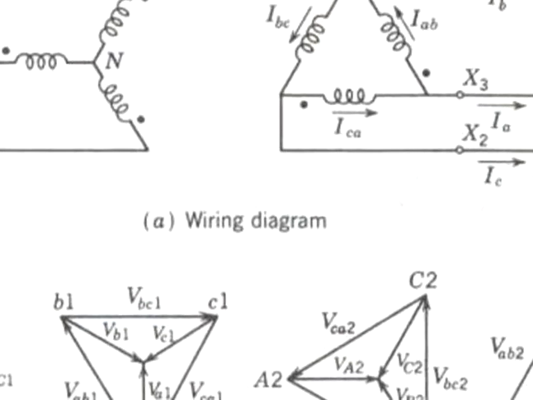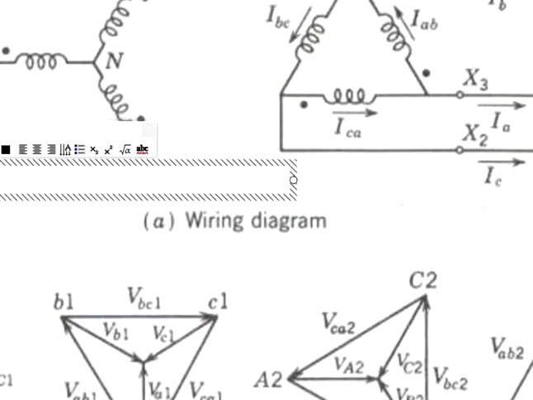Now, here you can see that H1 to N, I can write, instead of VA1, I will write this as VA1N, where V indicates voltage, A indicates the phase, and 1N indicates the first terminal to the neutral.